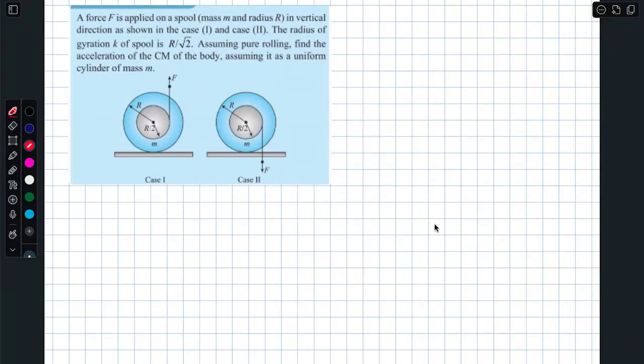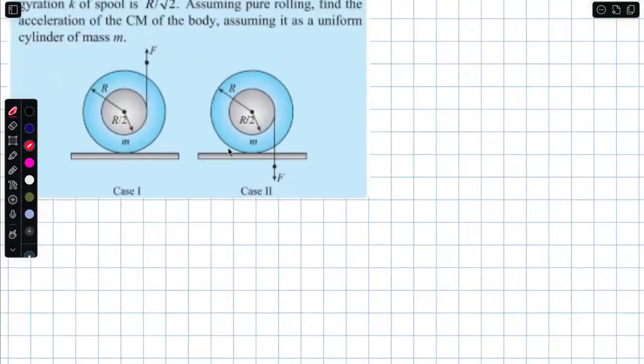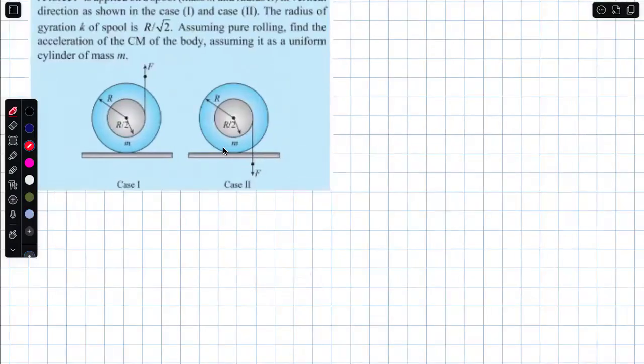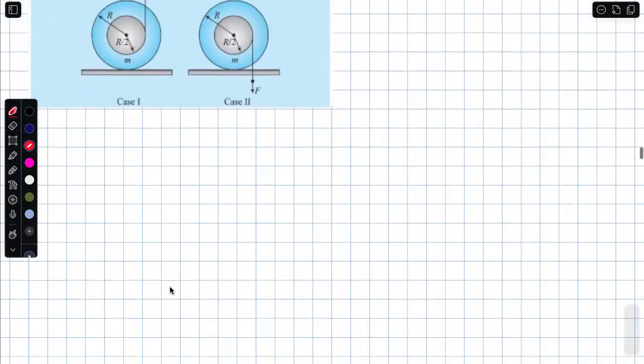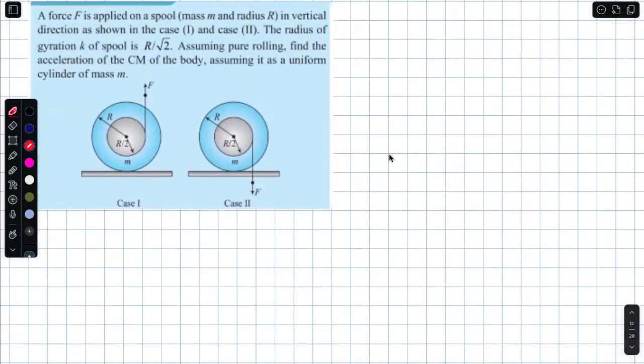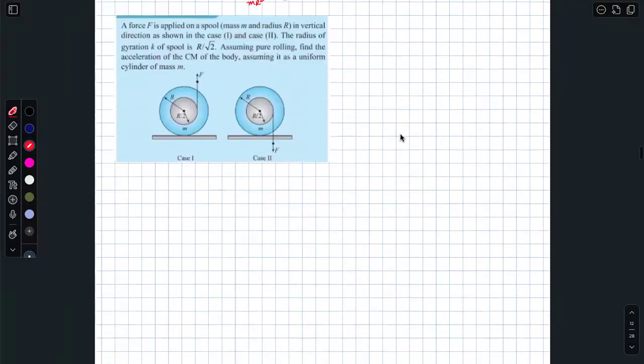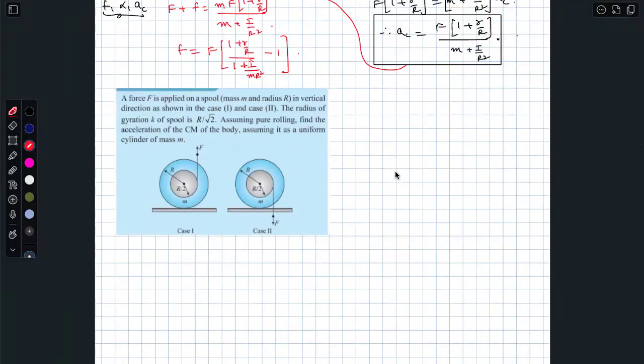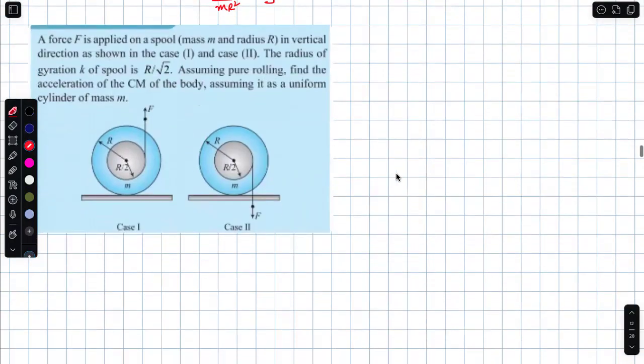In the first case, you take the case here itself.